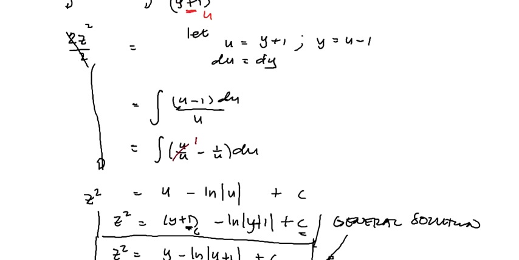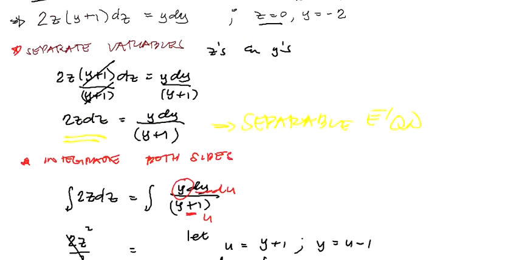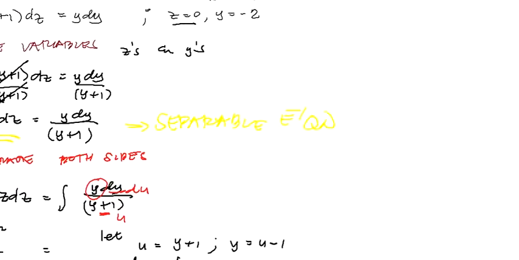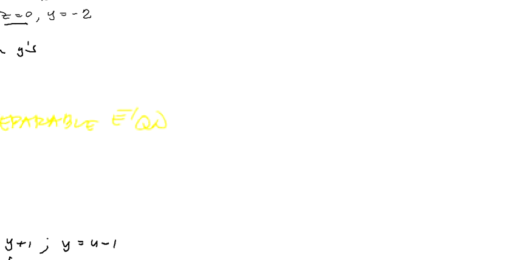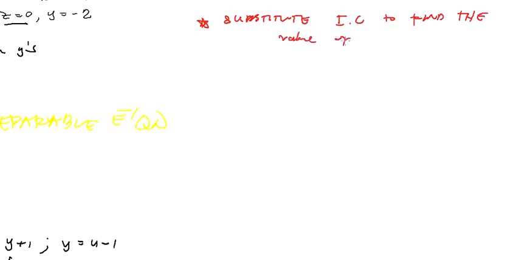So our third step is to substitute our initial condition into our given general solution, to find the value of our constant of integration c.